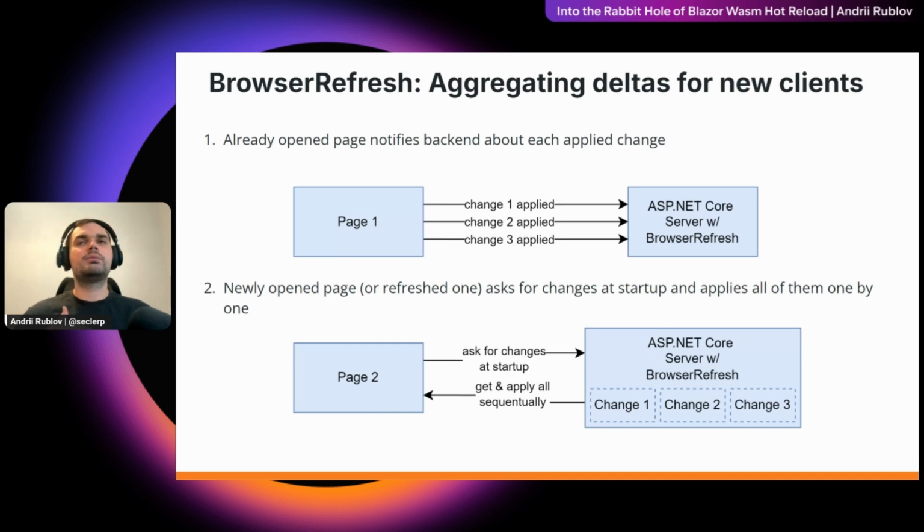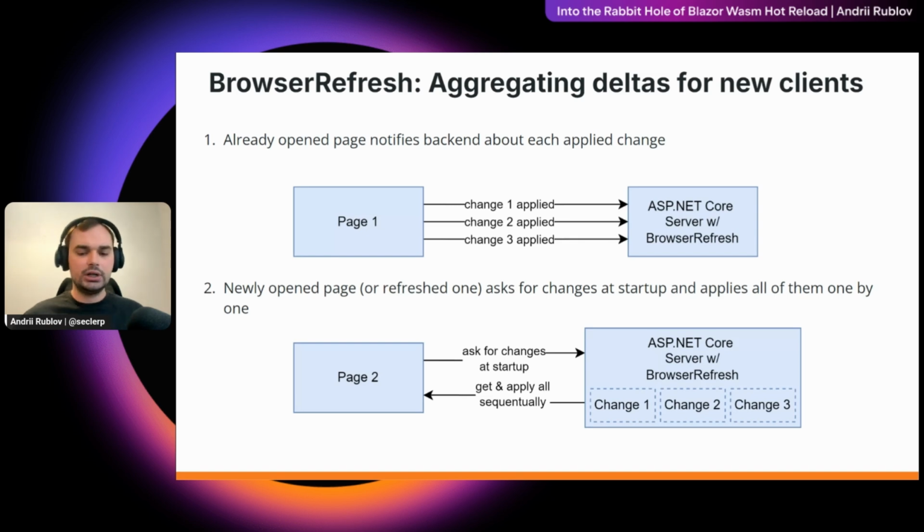Theoretically, if the hot reload session is long enough, launching a new runtime after many iterations and a lot of different instances can be much slower because of the N+1 problem. We have a lot of changes to apply. They are not aggregated, they are not collapsed into one single change.